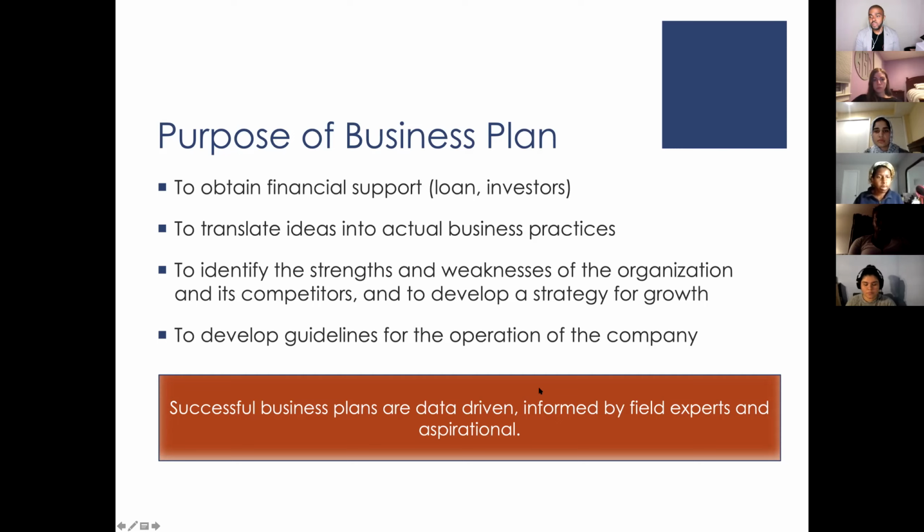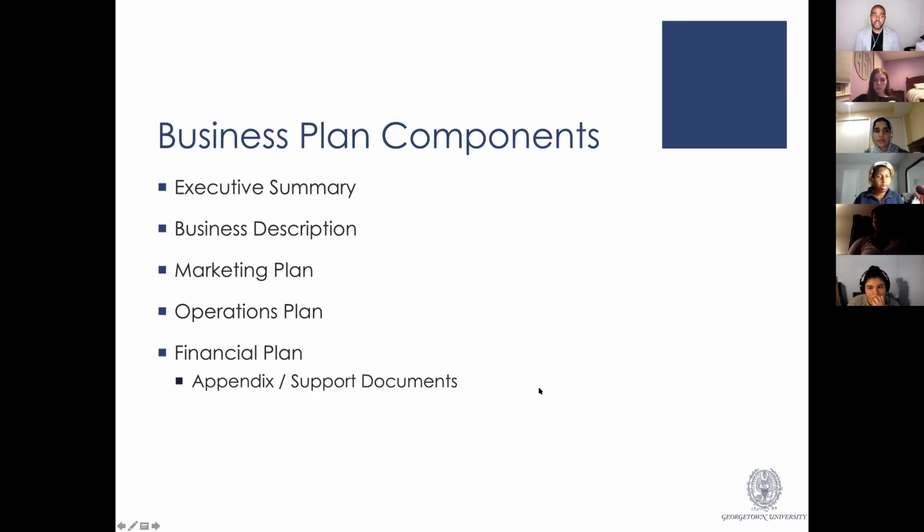To identify the strengths and weaknesses of the organization and its competitors, and to develop a strategy for growth, and to develop guidelines. So remember, successful business plans are data-driven and they are informed by experts, and they're very aspirational.